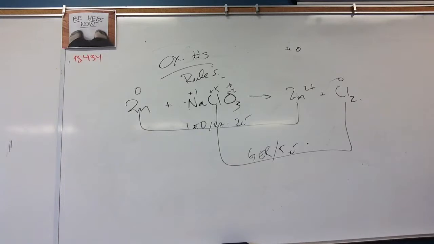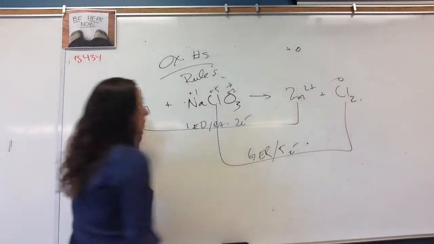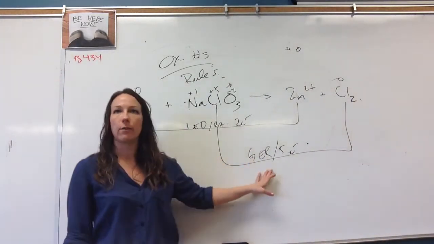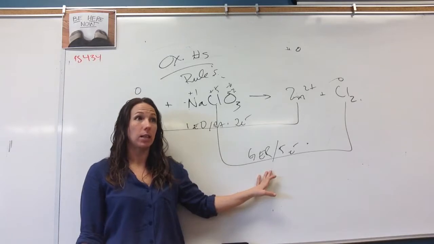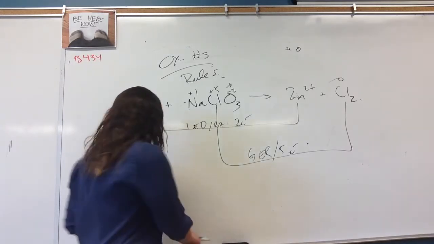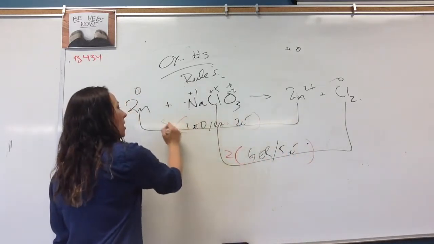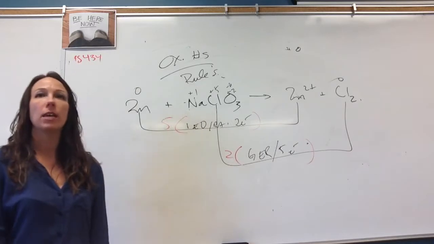Now I have 2 half reactions, essentially, tucked together, where this one is losing 2 electrons and this one is gaining 5 electrons. That doesn't make sense. I have to gain and lose the same amount. So this has to be multiplied by 2, and this has to be multiplied by 5, in order to have them equal each other.